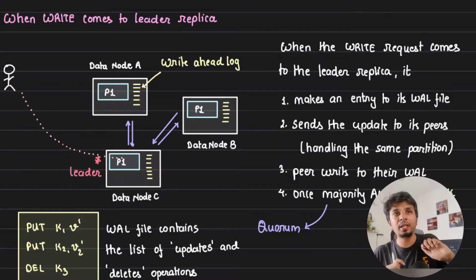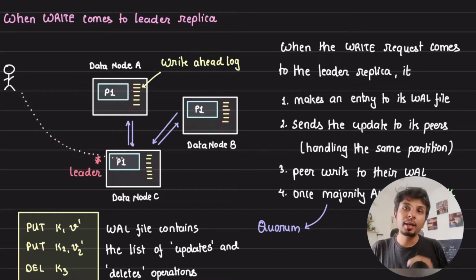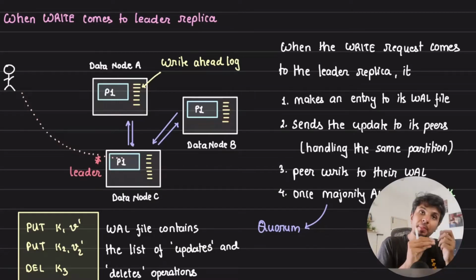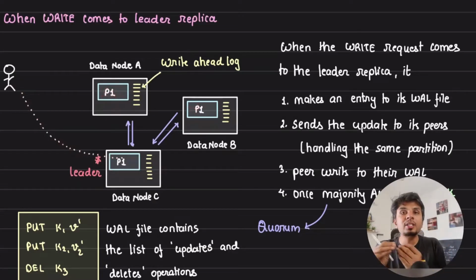Now data node A and data node B would write it to their own write ahead log. So they are not making changes to the table data itself, the partition data itself. They are registering this incoming write in a write ahead log file.